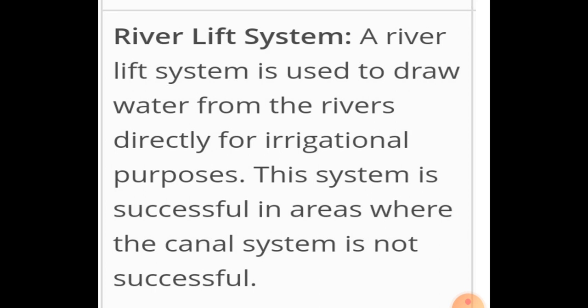So here also a pump or motor is used to draw the water from the river, and that water is moved towards the field through canals. But this type of system is used where the canal system is not very successful. Then the water is directly drawn from the river and released in the field.